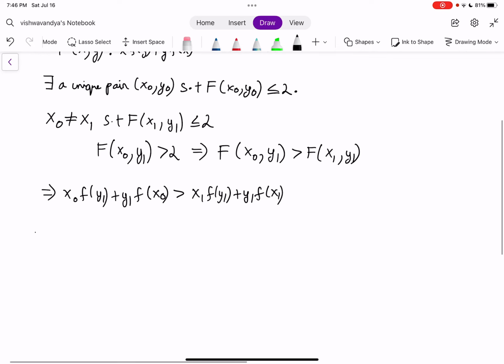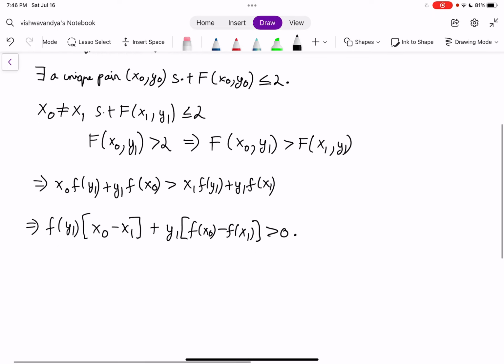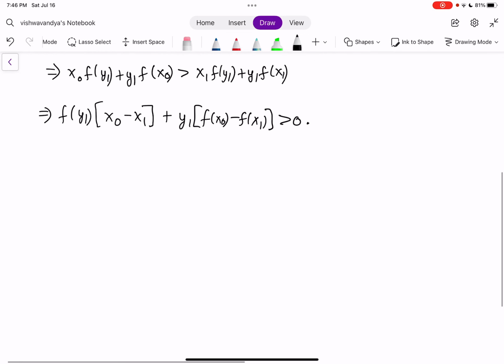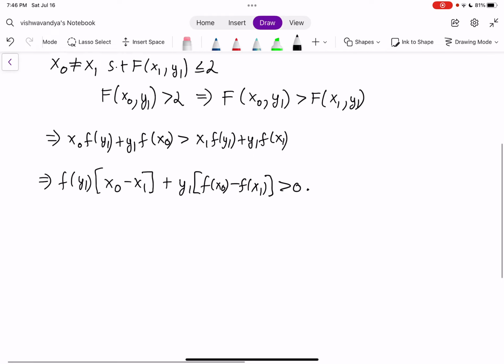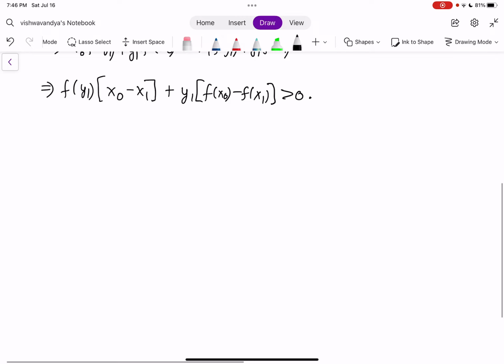Let's rearrange this a bit. We have that f of y1 times (x naught minus x1) plus y1 times (f of x naught minus f of x1) is larger than 0. So now the thing is that we can conclude that f is actually decreasing. And how do we do that?